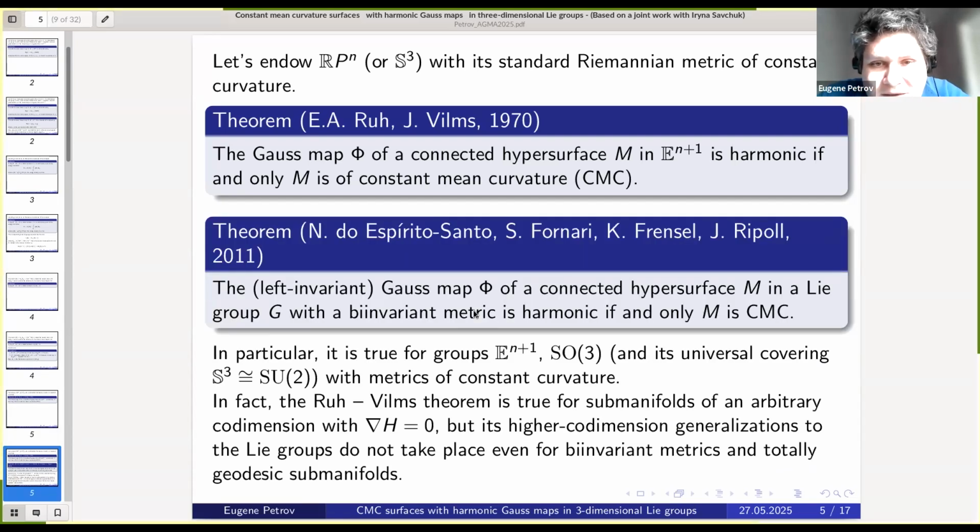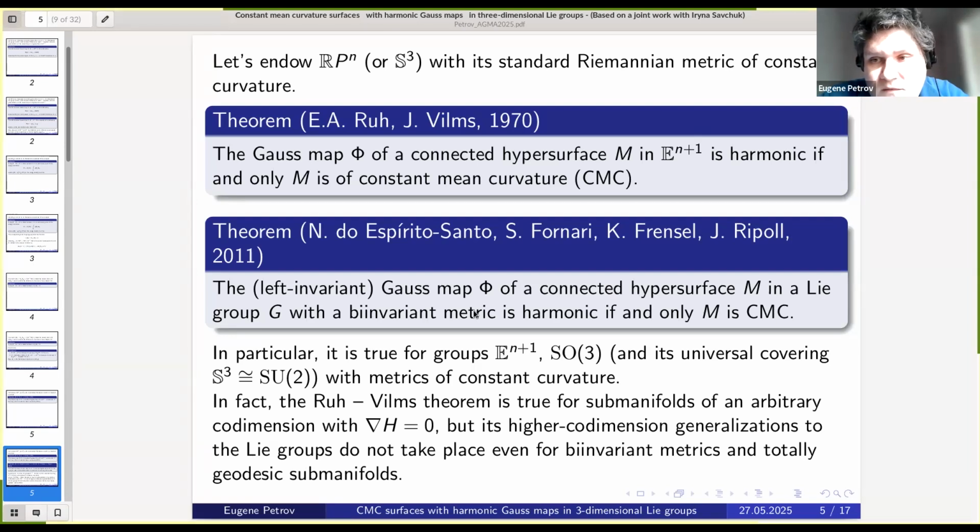So there is a nice generalization of this fact to our left invariant Gauss map that was introduced at the beginning. This map is harmonic for a hypersurface in a Lie group with a bi-invariant metric, so the metric that is not only left invariant but also right invariant, if and only if M is of constant mean curvature.